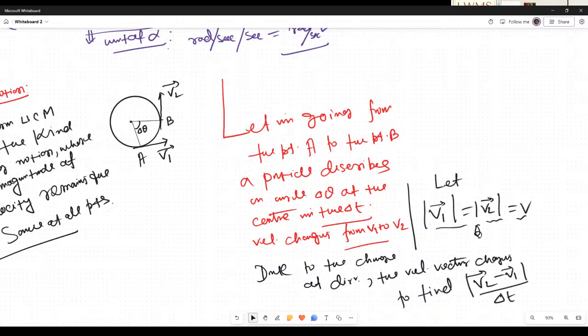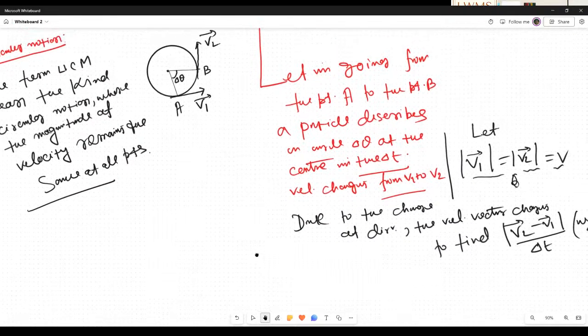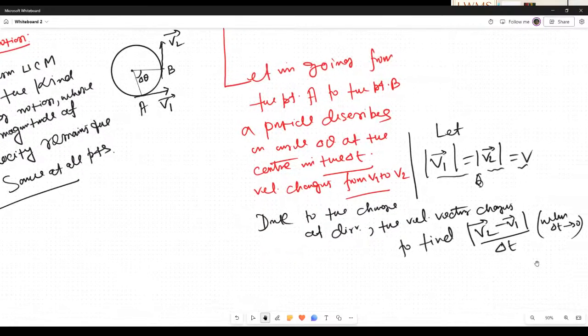Now, how to find? And this will be acceleration under the condition when delta t tending to 0. We have to find this. But how to find this? Change of velocity. To find this, limit delta t tending to 0 delta v by delta t, we take the help of vector.